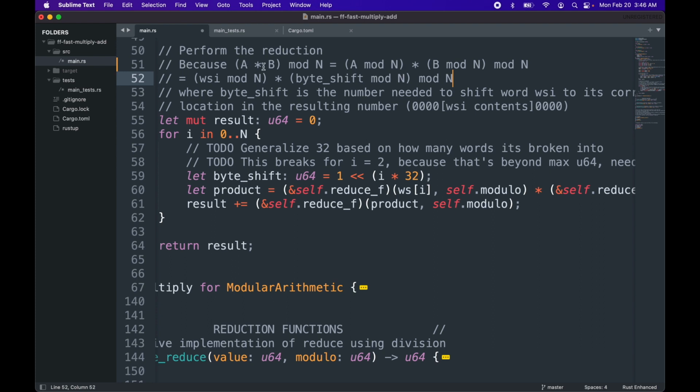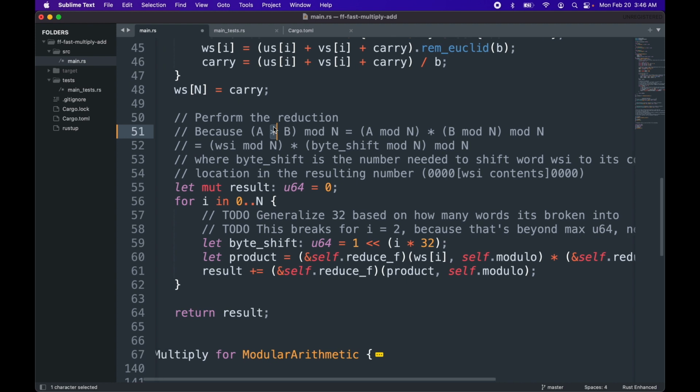So if we don't take advantage of this, I guess this is multiplication. Yeah, okay, that's right. So we have the value that's in the result word, and then we have another number that's just trying to byte shift it over to the correct position to return it to classical form, I guess.